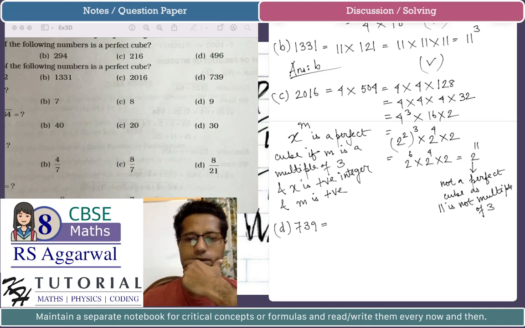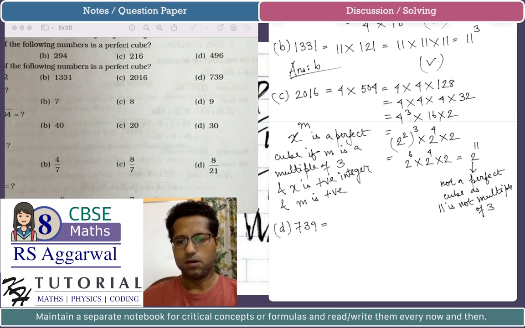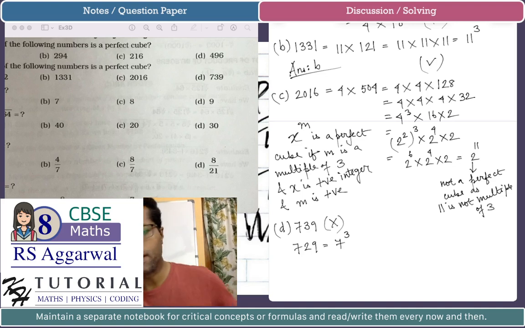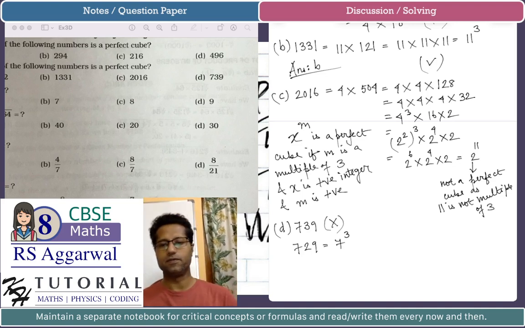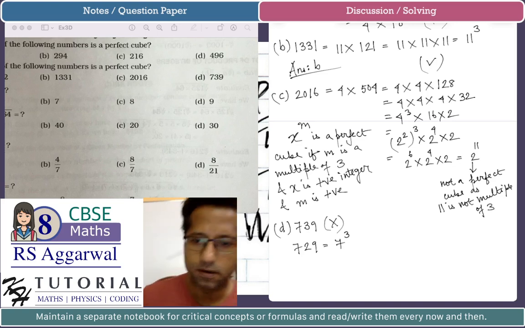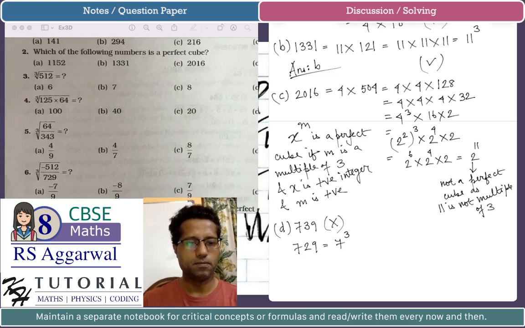So 739 cannot be a perfect cube because 729 is a perfect cube, and quite obviously the next number, 739, cannot be a perfect cube. Okay. Let's do problem number 3.